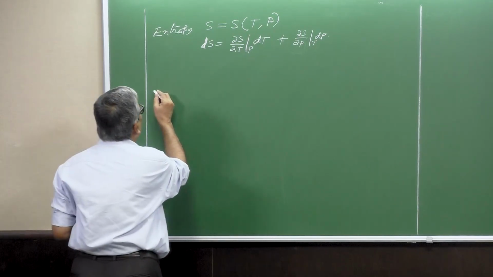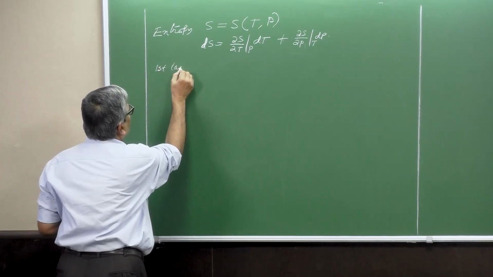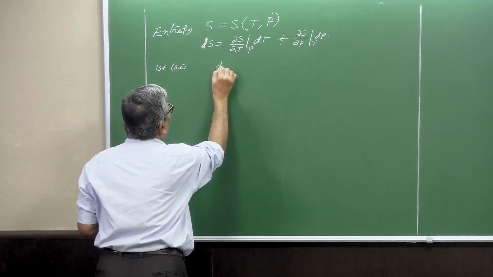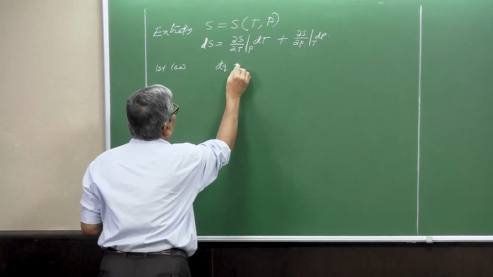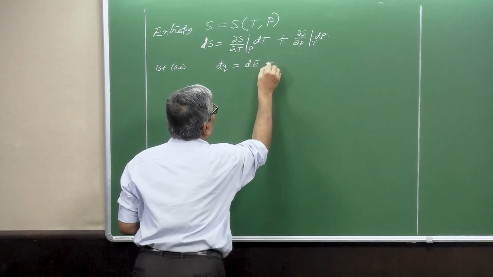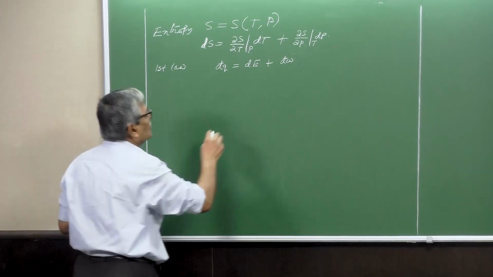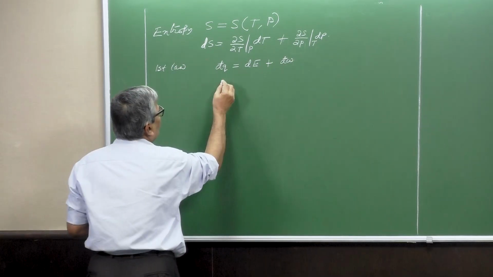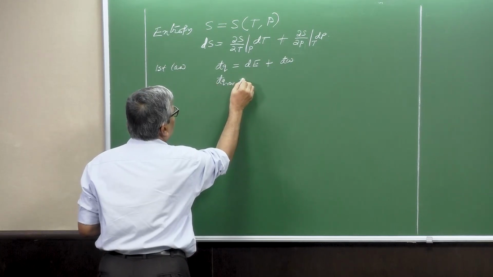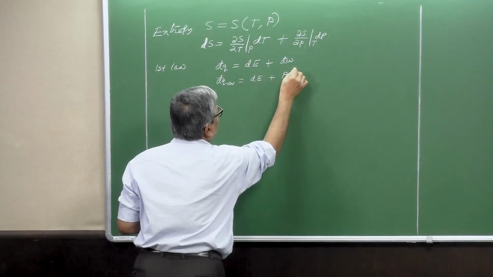Now we come back to the first law, which tells us that if we have a system to which we add dq amount of heat, that raises the internal energy by an amount dE, and dW is the work done by the system. If it is a reversible process, then dq reversible is dE plus P dV.